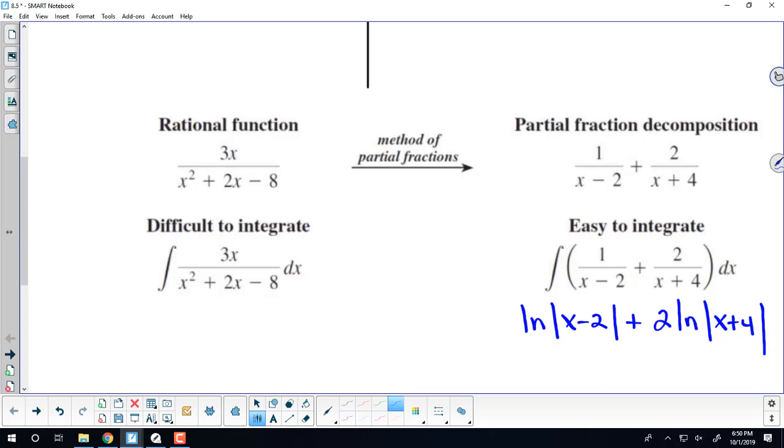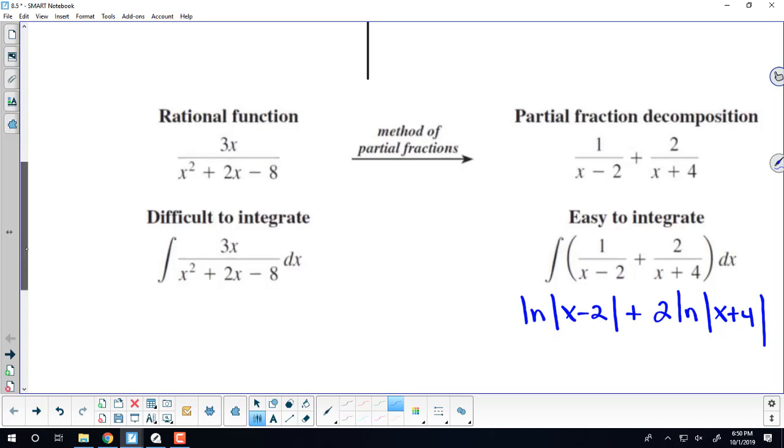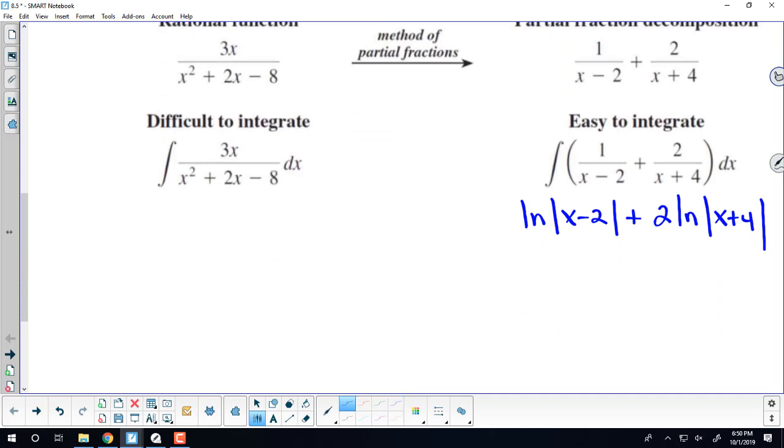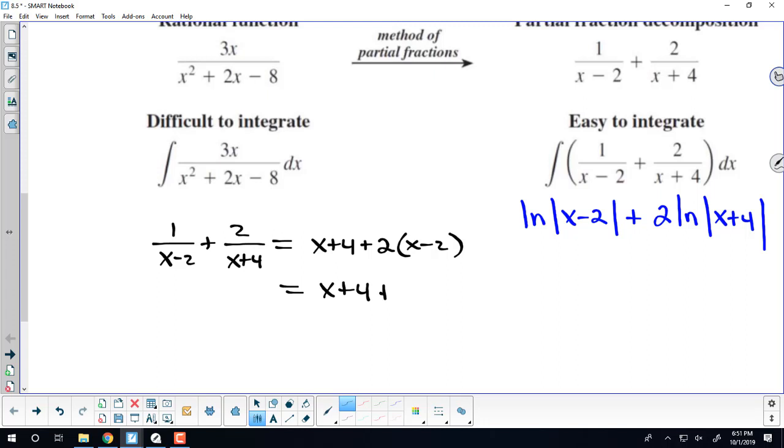So we can also check this, just to quickly verify that 1 over x minus 2 plus 2 over x plus 4, if we cross multiply here, we have 1 times x plus 4 plus 2 times x minus 2. So x plus 4 plus 2x minus 4 gives us 3x.